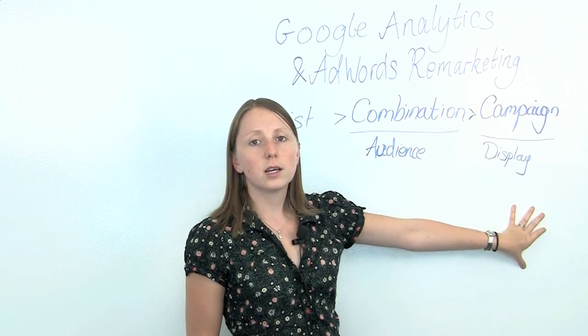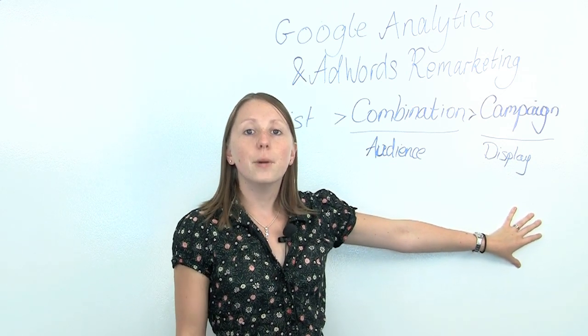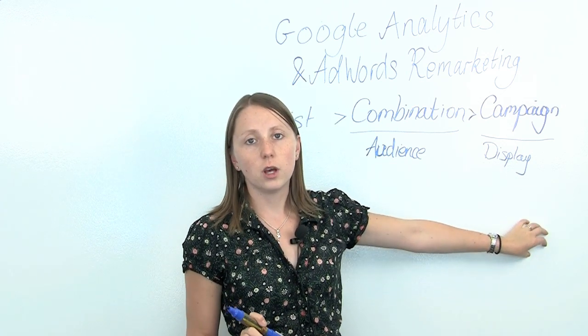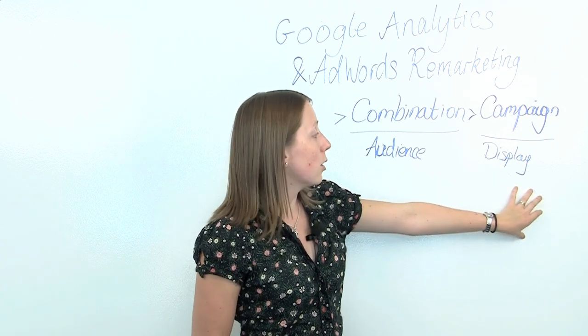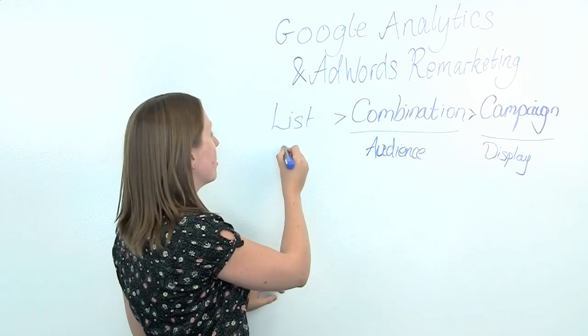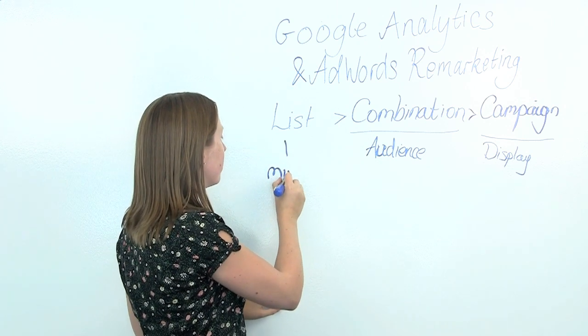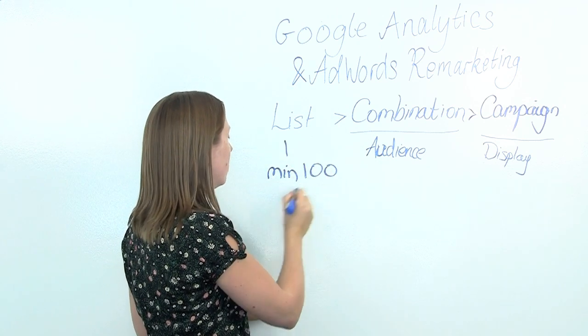So to then filter that small list down even further might leave you with quite a small restrictive target audience, so it actually might not be very successful. So do think about your list size. So we're going to say minimum 100 people.